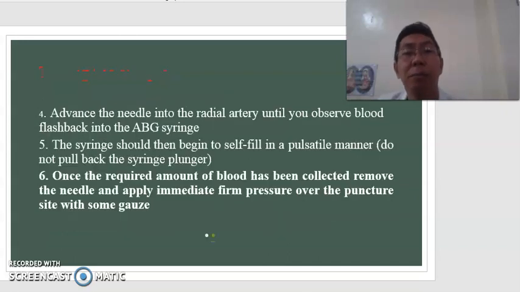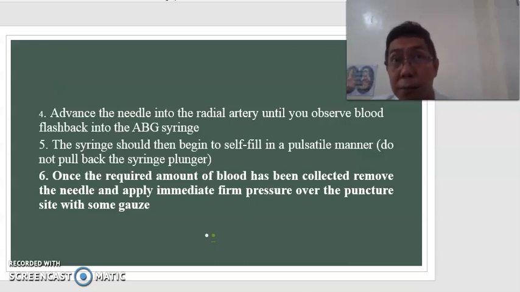We have to advance the needle into the radial artery until you observe blood flashback into the ABG syringe. So medyo mabilis yun kasi pulsating yung blood. So the syringe should then begin to self-fill in a pulsatile manner. So once the required amount of blood has been collected, remove the needle and apply immediate firm pressure over the puncture site with some gauze.